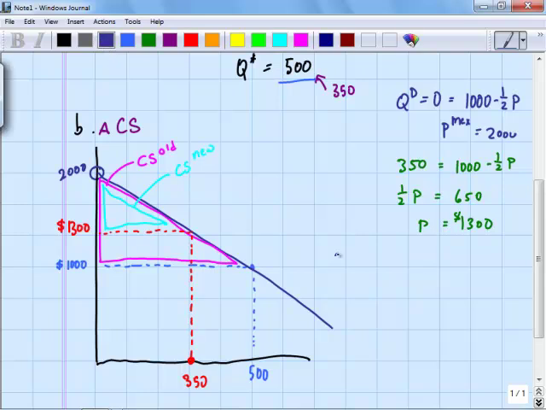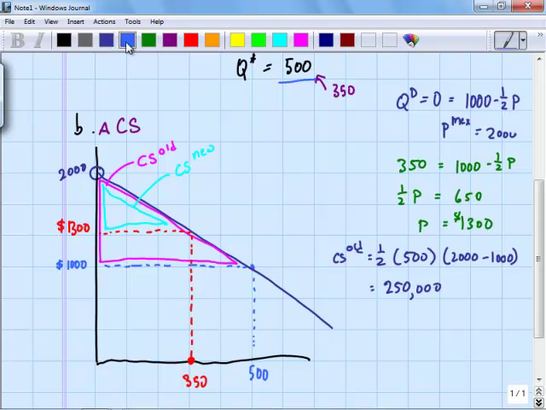So CS old is going to be 1/2 the base, 500, the height, 2,000 minus 1,000. That's going to give us consumer surplus equal to 250.